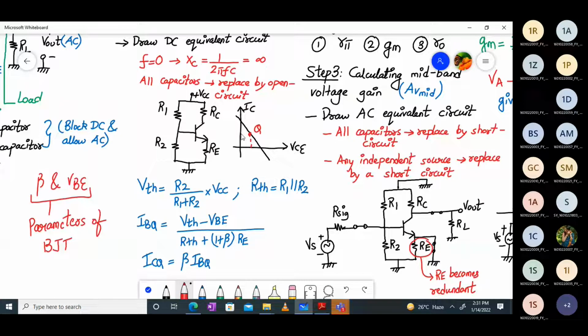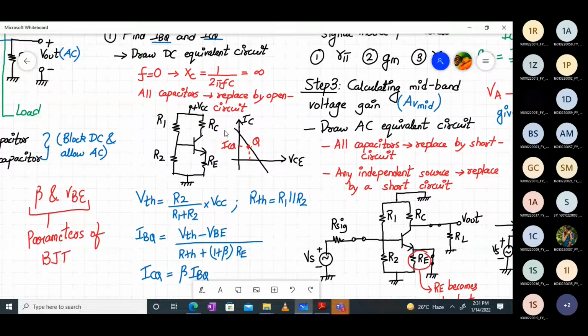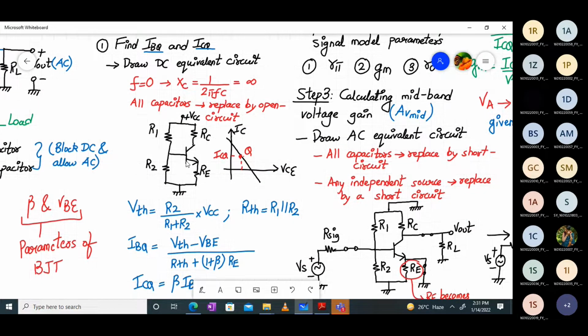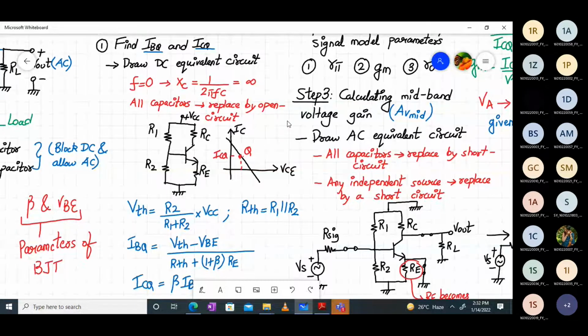So this will be VCEQ and this will be ICQ. DC biasing means we are setting the DC values and voltages for this transistor to operate in the forward active region. Only when it operates in the forward active region will it act as an amplifier.